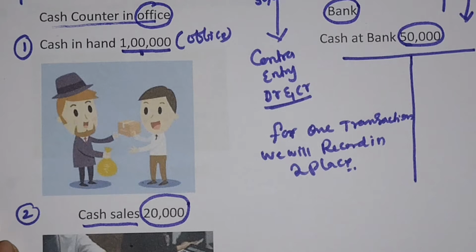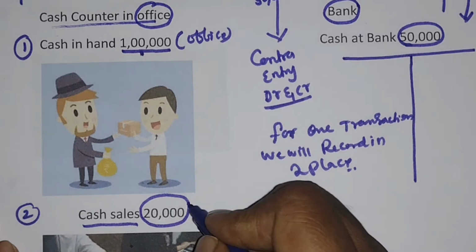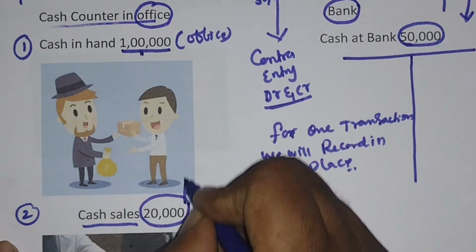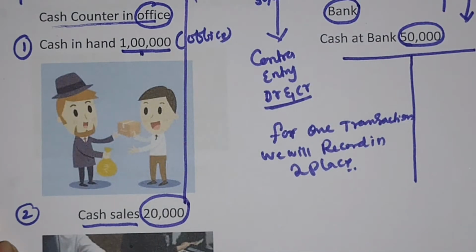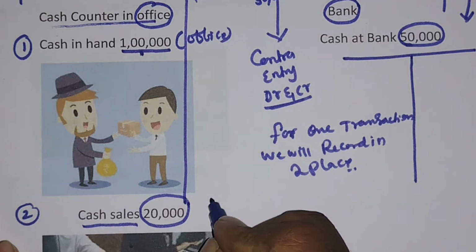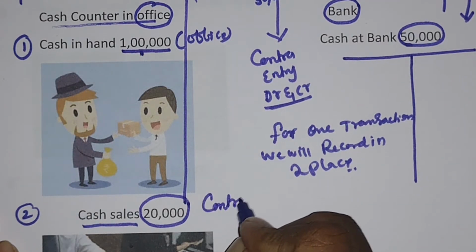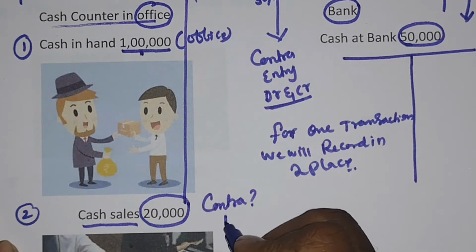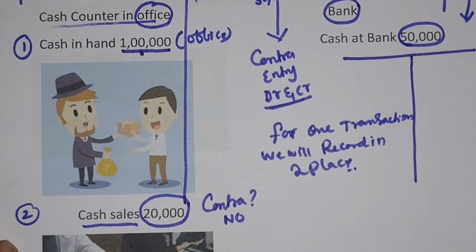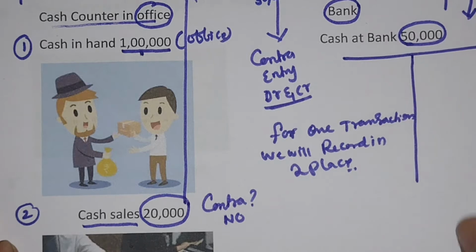This 20,000 will go to the office. So therefore, is this a contra entry? No, this is not a contra entry.